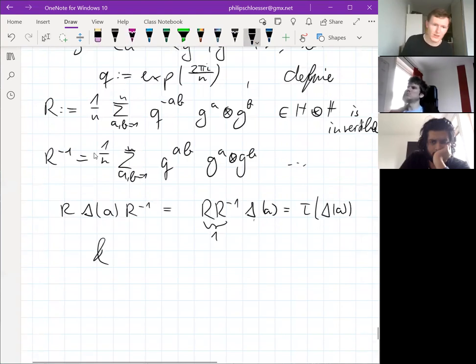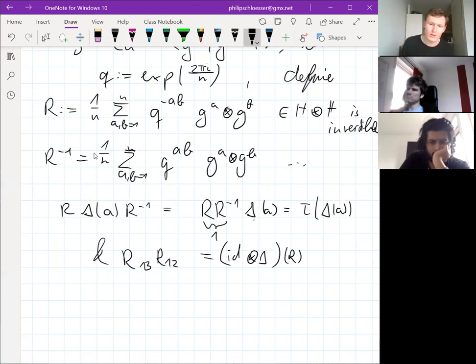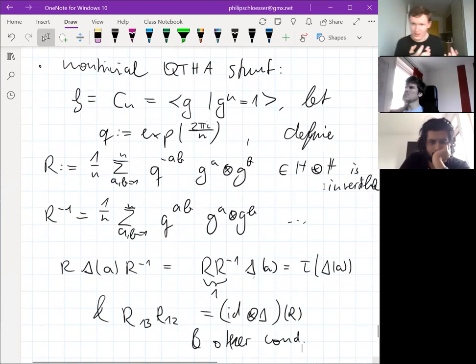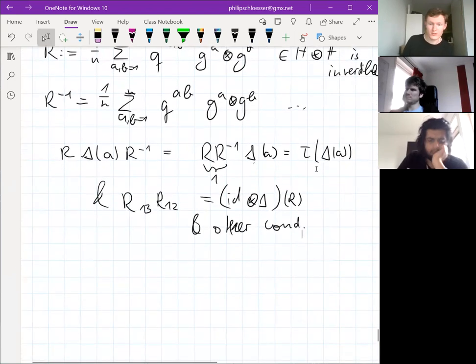And it also satisfies this weird stuff, and the other identity, or the other condition, meaning that using this universal R element, we can also turn CG into a quasi-triangular Hopf algebra.